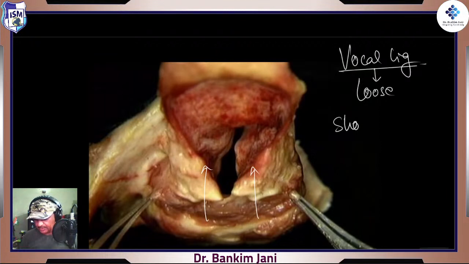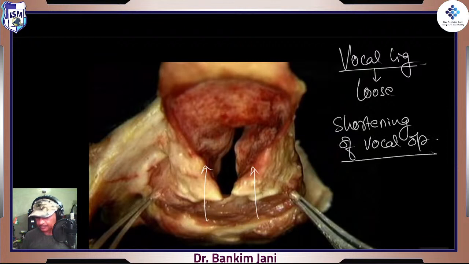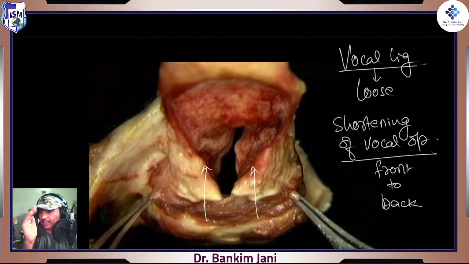So shortening of vocal openings, right? Shortening in what way? Shortening when you are counting from front to back, right? This is important. When you count from front to back, obviously, because such a powerful muscle is pulling up, the whole assembly is going, and on top of it, because there is arytenoid and then here is the cricoid, it is on the top. This is a joint, the trunk, it goes in, right? And the whole assembly goes out. So obviously that distance is going to decrease. Okay.